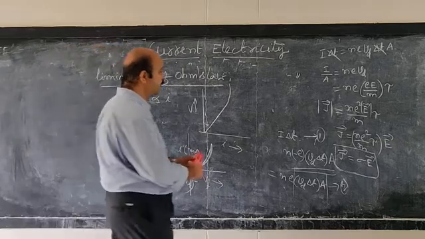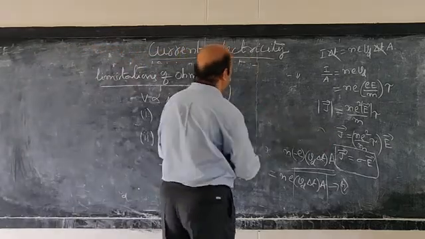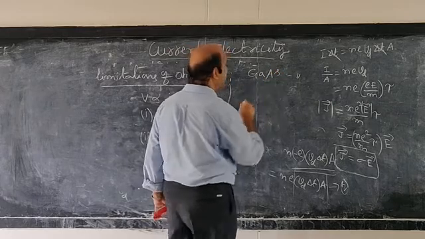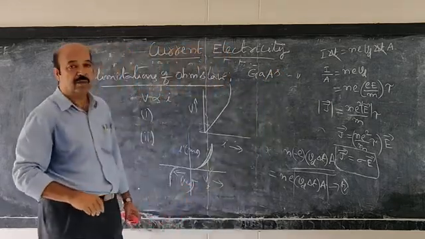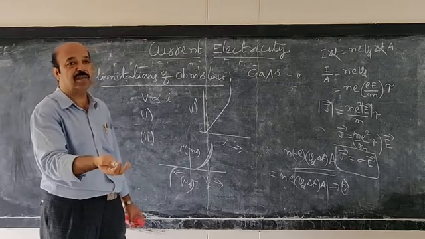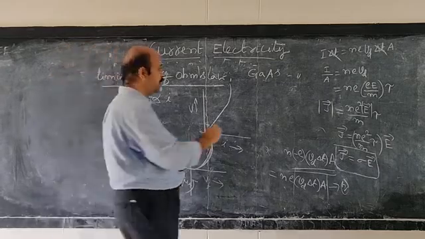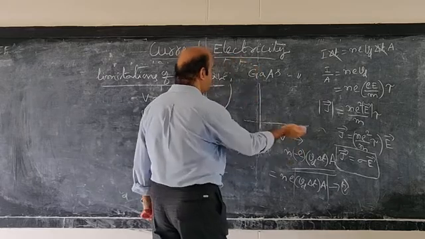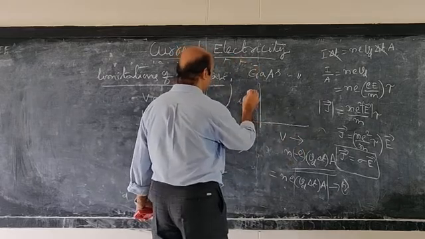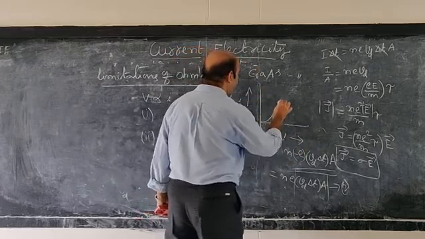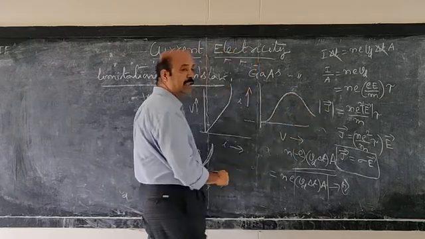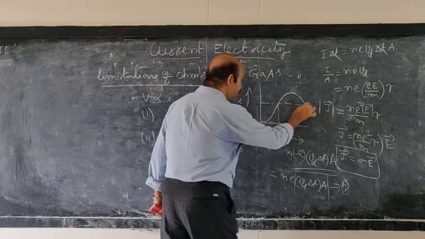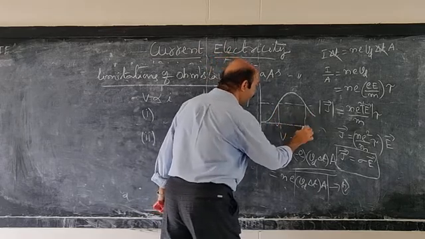Another thing is that there are some materials like gallium arsenide. Such materials can have the same current value for different voltages. This is somewhat peculiar. Taking voltage on the x-axis and current on the y-axis, if you draw a graph, you will get a curve like this. This shows that for the same current value, you have different voltage values.